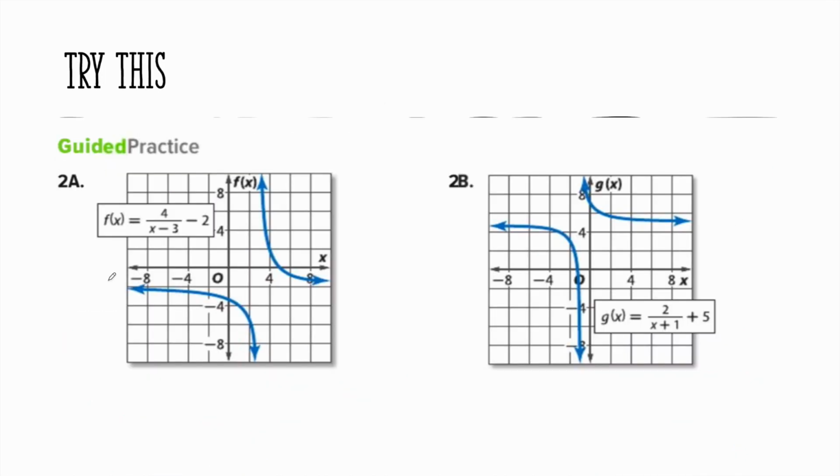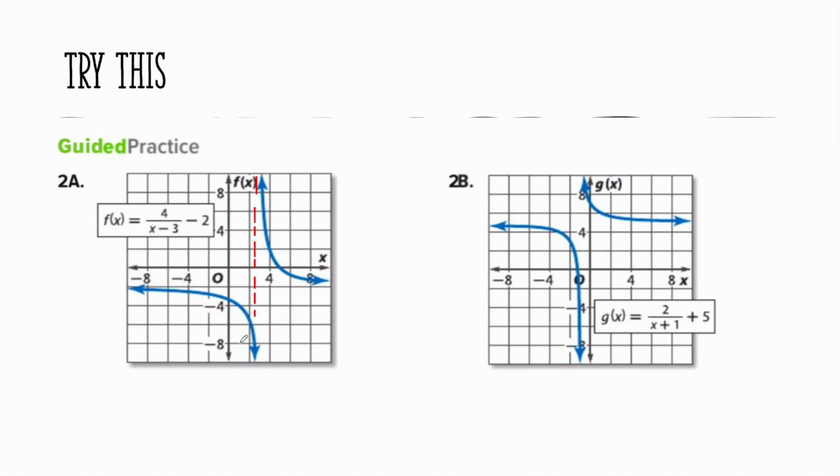You can try the example here and check if you got the same answer as me. So here I will not write, I'll just tell you the answer. So your answer for here, your asymptote, as we can see that it moved 3 units to the right. So it is 3, your asymptote is at 3.